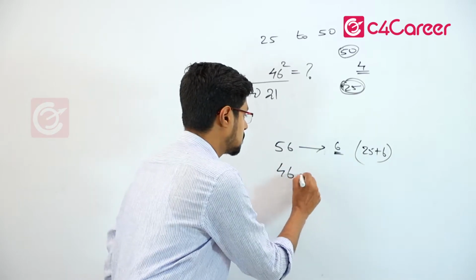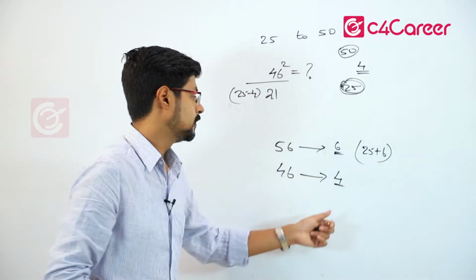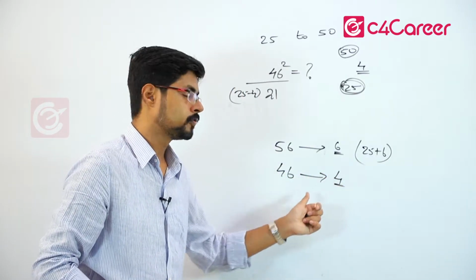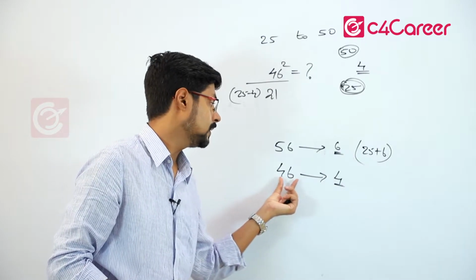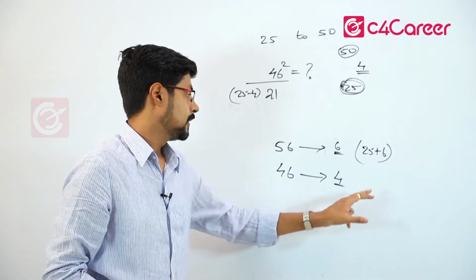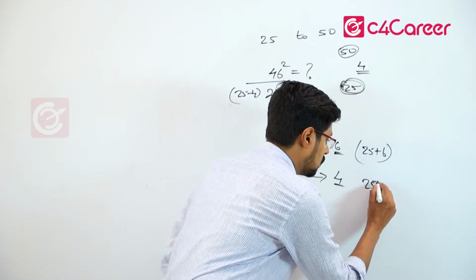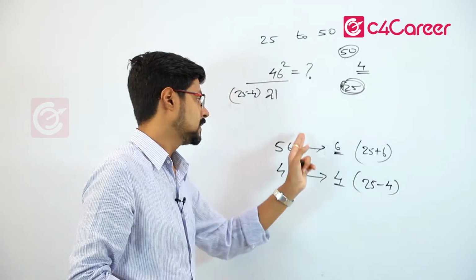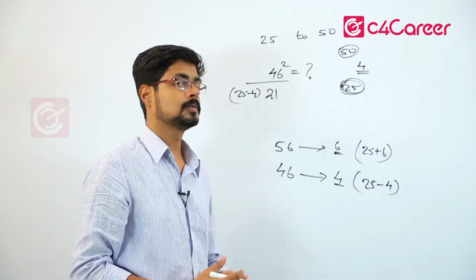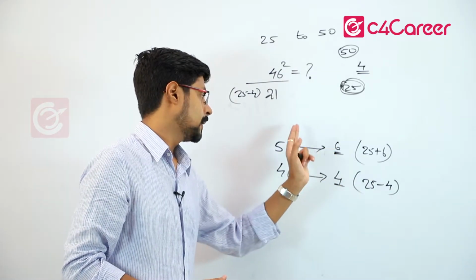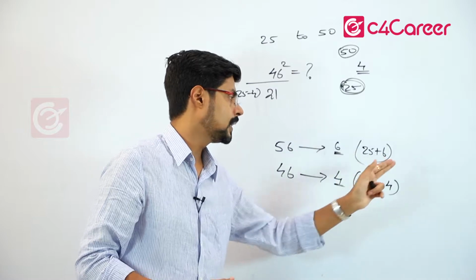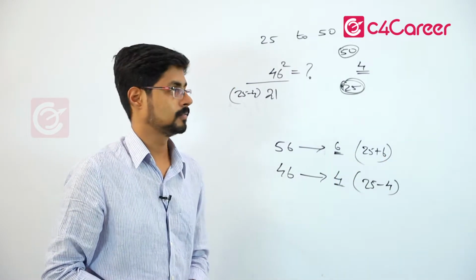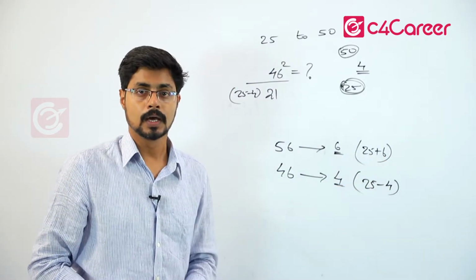So when you have 46, the difference from 50 is going to be 4, and here we have to subtract the difference. When the numbers are less than 50, subtract the difference from 25. When the numbers are above 50, you should add the difference to 25. So this is a clear difference you have to remember.